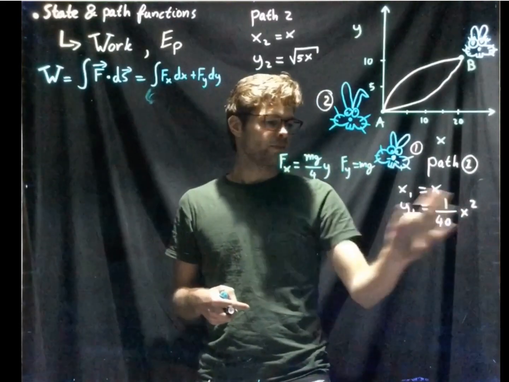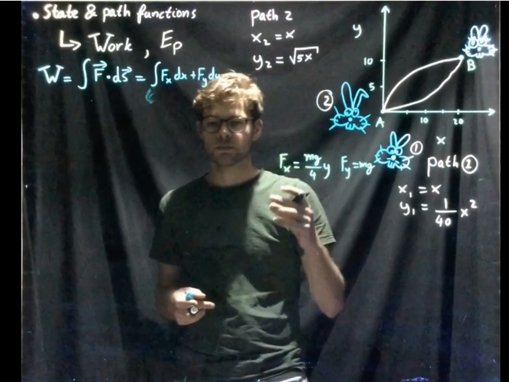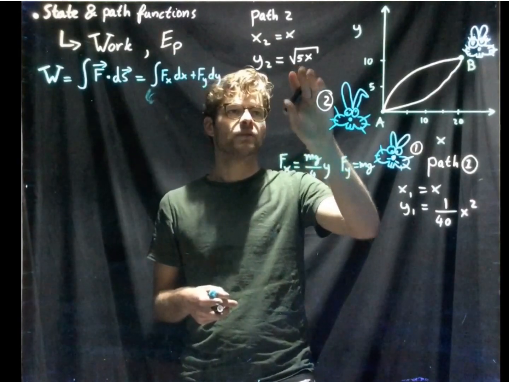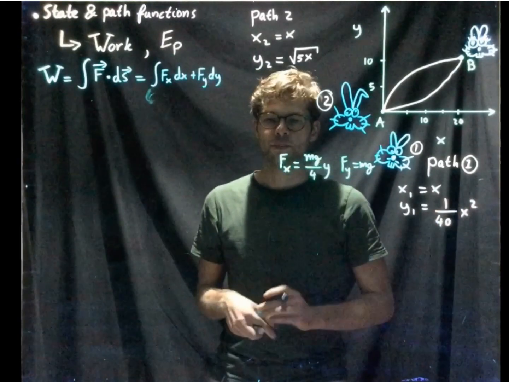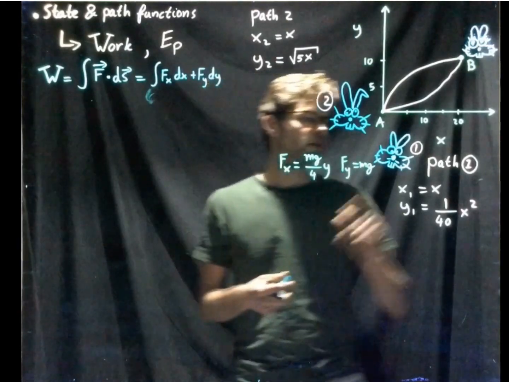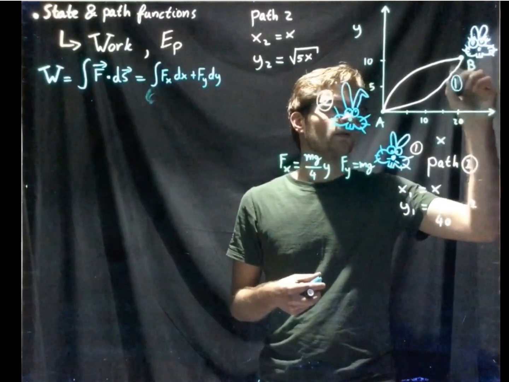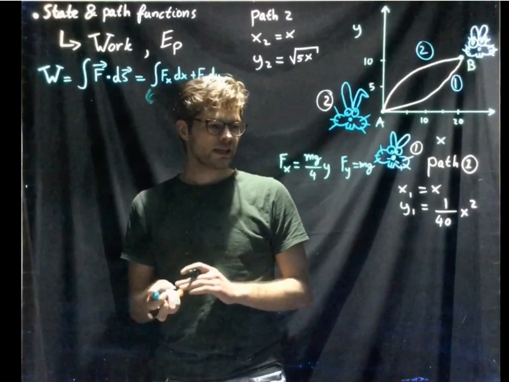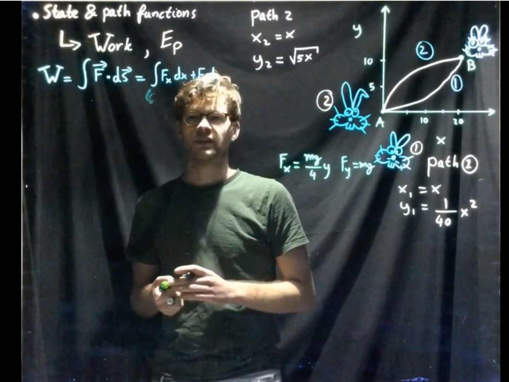And both paths have a mathematical description. Path 1 is y = x squared over 20, and y = the square root of 5x is the description for path 2. Now we have to do the mathematics.